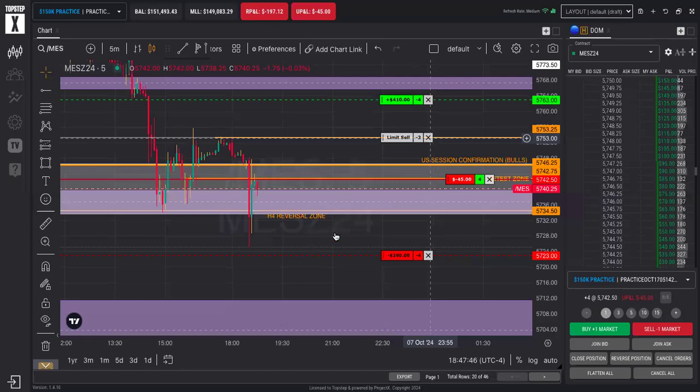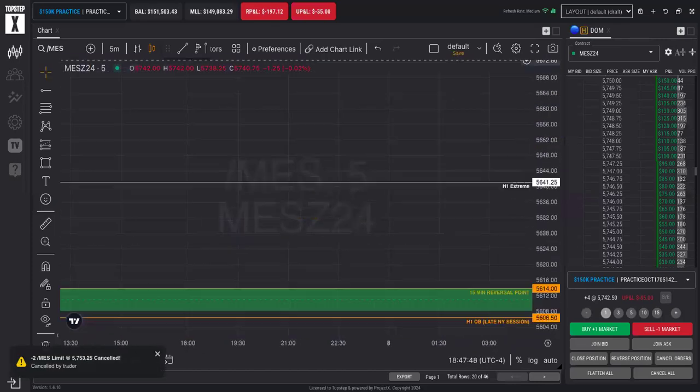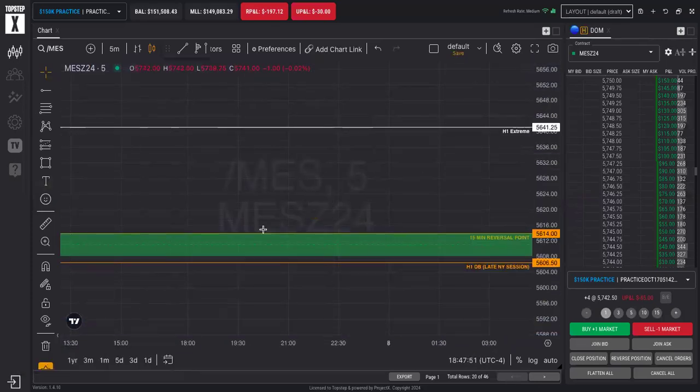So I want to give you a visual representation of what I was talking about, though, for your customized plan. So this is your ATM profit management. And this is to help prevent anxiety when you're up in an account.